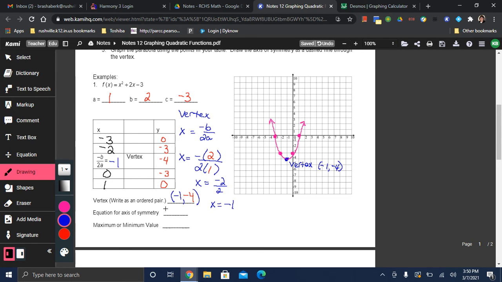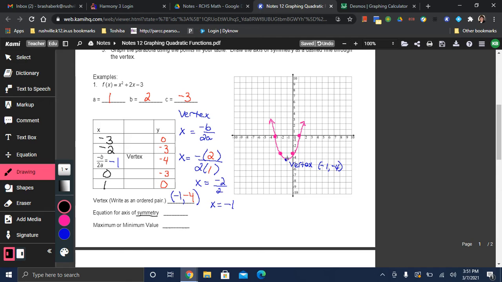Now, that vertex is an important point because we have this axis of symmetry that is like a folding line. Symmetry means that the two sides are able to be matched up if we were to fold them.